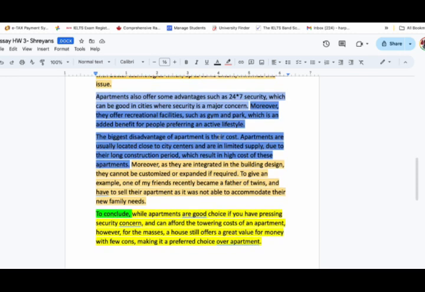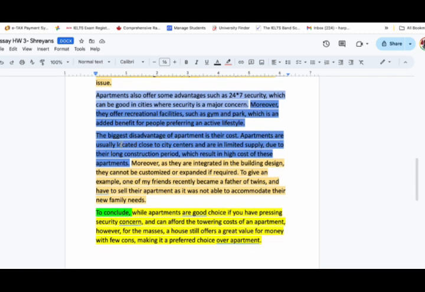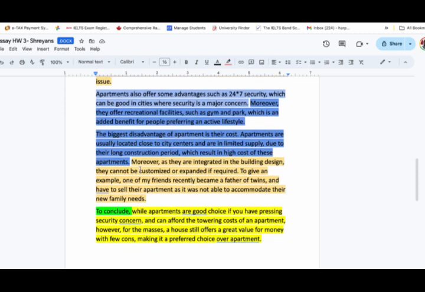So the disadvantage of apartments he is saying is the cost. It is explaining why cost is high and all that. And then the second point is that flexibility is not there.